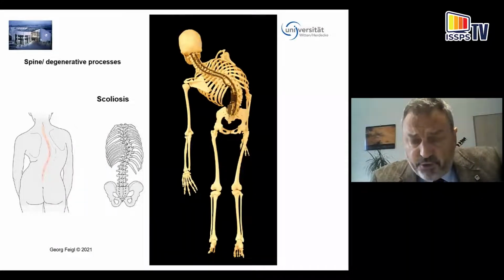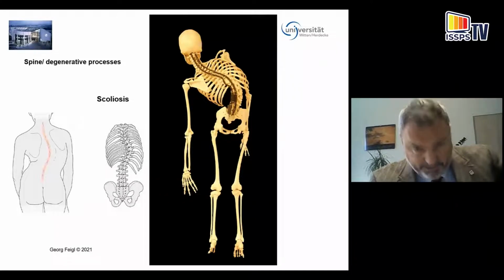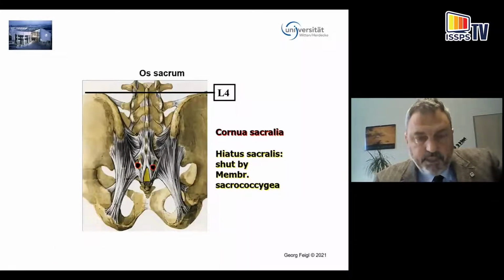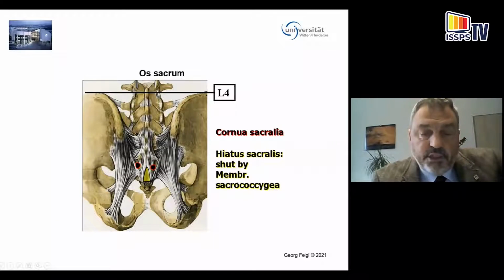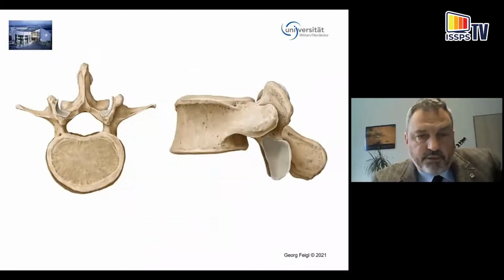And of course, you cannot deny it, but you have to try to get the best image out of it. Concerning the sacrum, you find this hiatus sacralis, a sacral hiatus, which is flanked by the two horns of the crests, which are terminating over here, and then it's covered by a membrane, which is the sacrococcygeal membrane, which is well visible then, as you will see it later on.